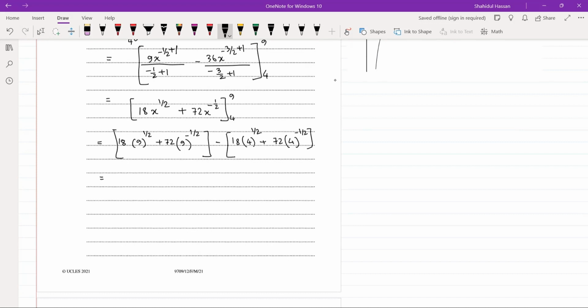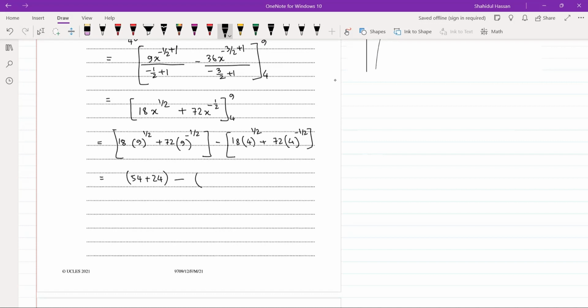So 9 to the power half is the square root of 9, which is 3. 18 times 3 is 54. 9 to the power minus half should be 1 over 3, and multiplying this with 72, I get 24. So this is the first part minus the second part.